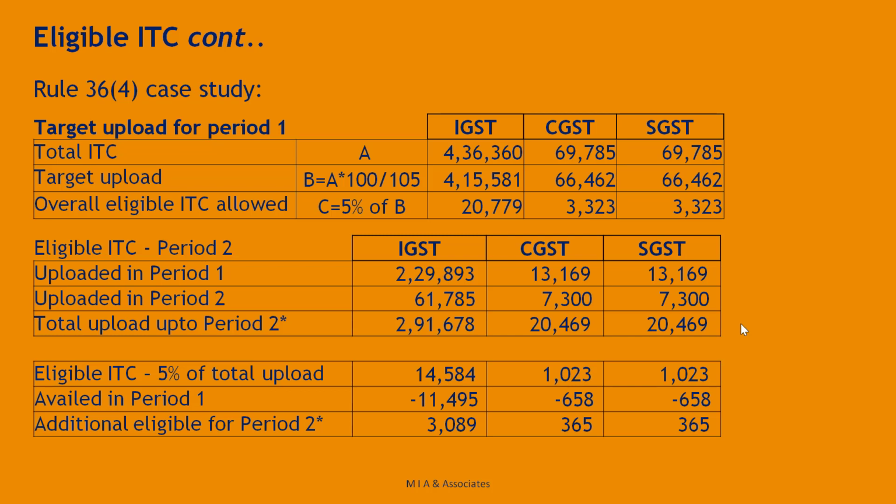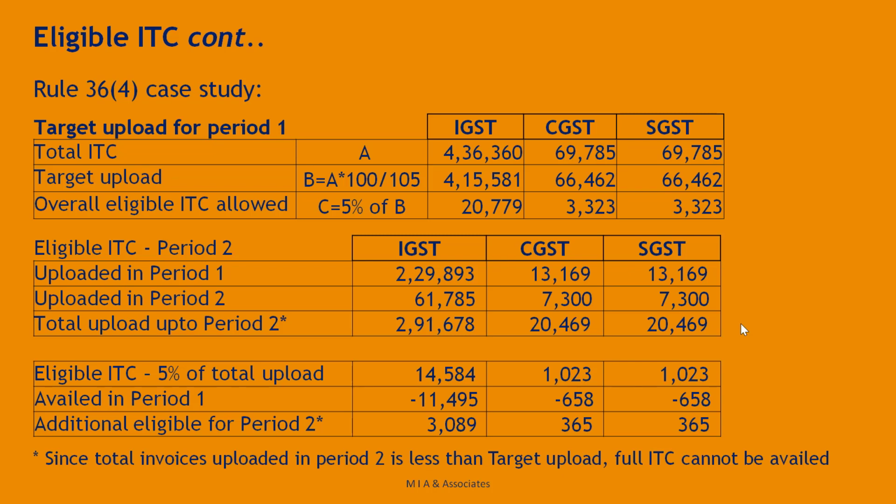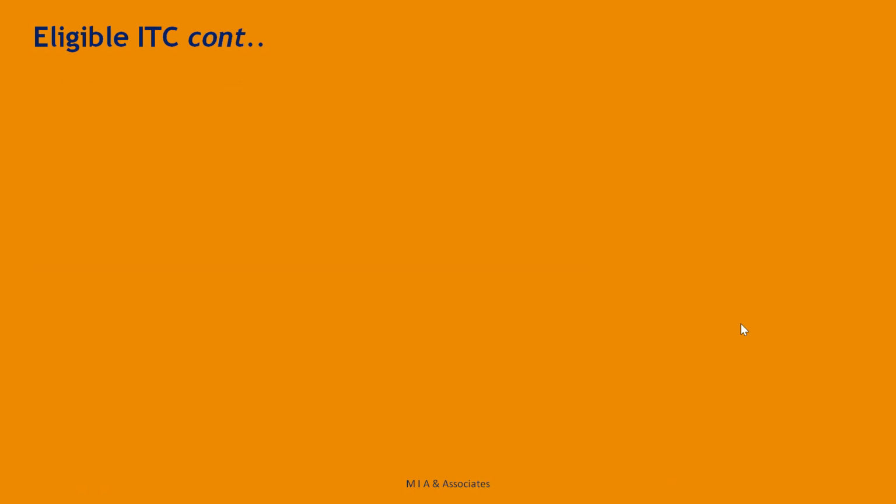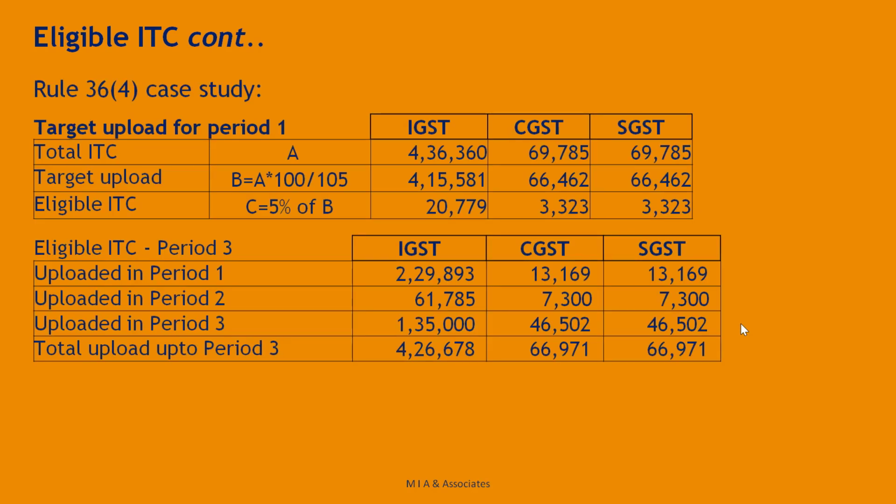The point is, for each consecutive period, we need to track the uploads by the suppliers and the pending uploads by the remaining suppliers. This tracking is a must and necessary for computing Rule 36(4). Similarly, in period 3, in our example, since all the suppliers have uploaded the data, we become eligible for taking the entire ITC.